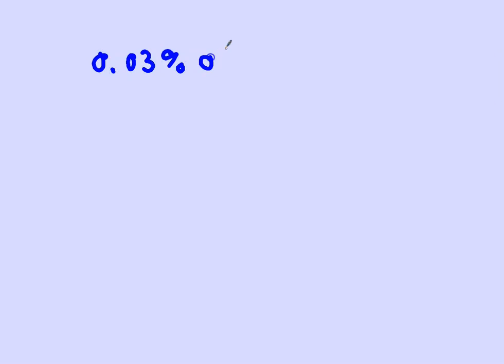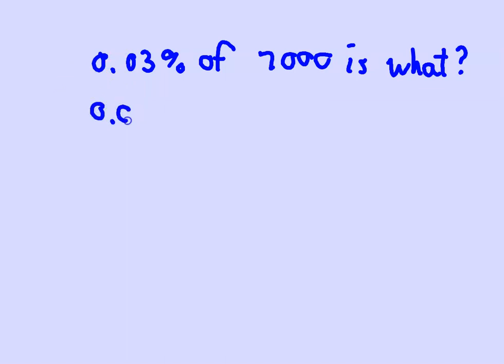Okay? So this is going to be really nice if you're asked to do something like this. 0.3% of 7,000 is what? Okay. We'll say, look, take this and divide it by 100. As you know, dividing by 100 moves the decimal place 2 spaces to the left, so 0.0003. The of means times. It's still going to be 7,000 right here. And then is means equals, and we'll calculate our answer.